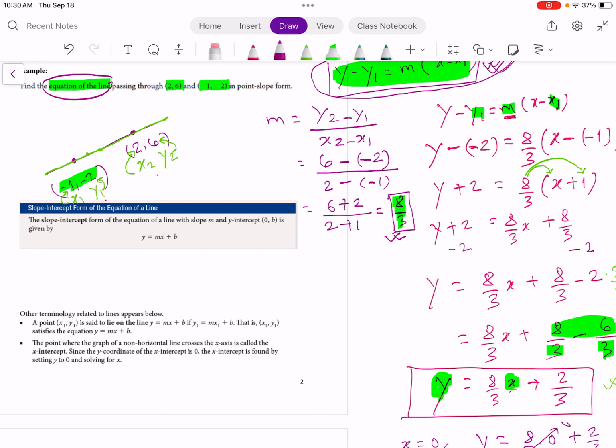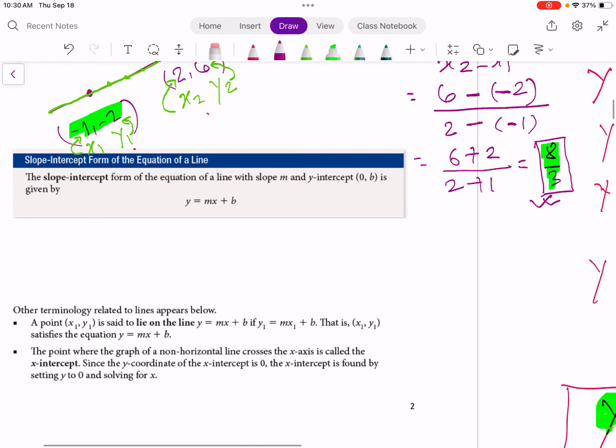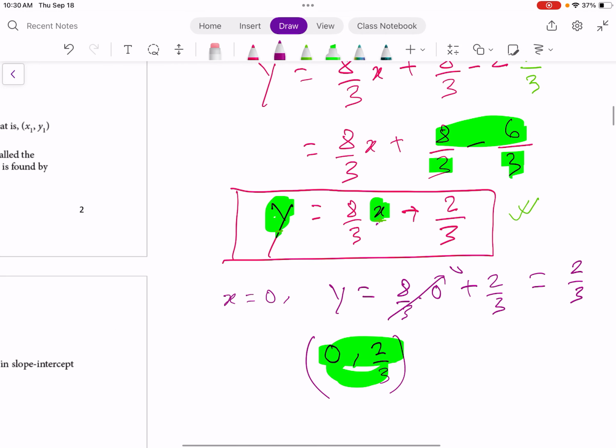Now, if we write our equation of a line in the form y equals mx plus b, it means you are solving the equation of a line for y, so y is by itself on the left side.